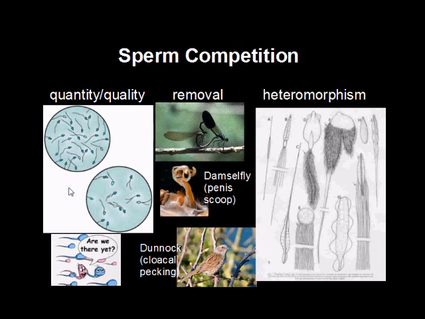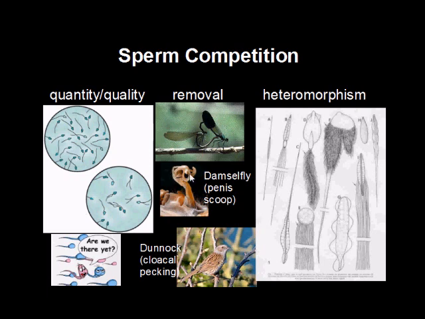Another example of sperm competition is that you actually remove the sperm of other males. An example of that is the damselfly. These are damselflies mating, and this is actually the damselfly's penis. You can see it's very elaborate.